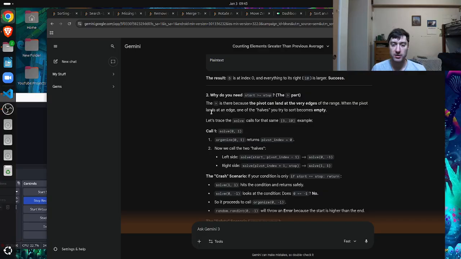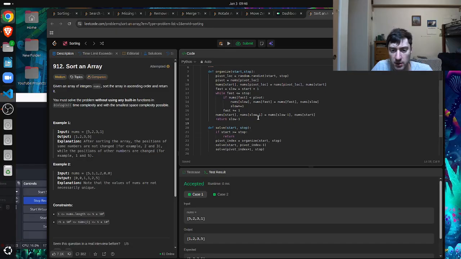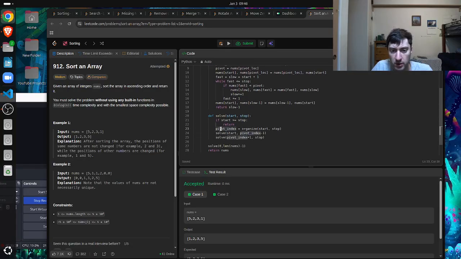So the greater than sign is there because the pivot can land at the very edge of the range. Okay. Okay, that makes sense, right? And in that case, what's going to be the problem? Let's come here. Let's say that my pivot comes and it's the 0th index. Okay, that's possible, right? Solve of 0 minus 1.